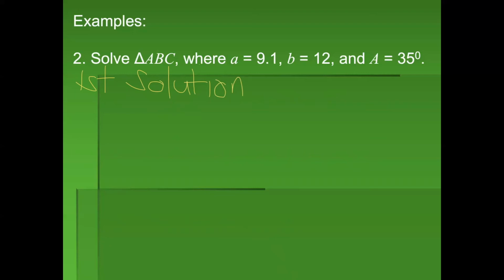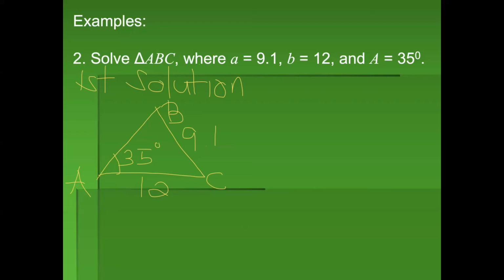So solving for the triangle, let us assume that this is our triangle. This is A, B, and C. So this is 35 degrees, side A is 9.1 and side B is 12. Here, we can solve for the missing sides and angles.